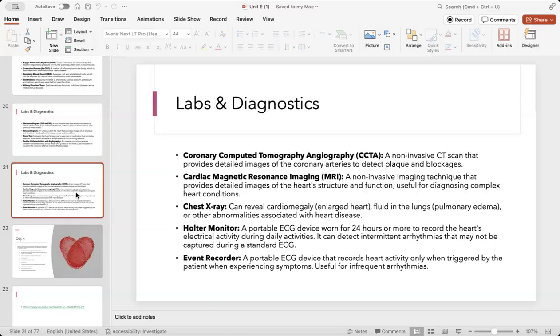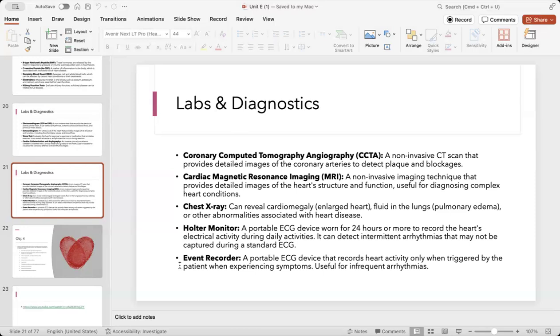Okay, so one last slide on this objective. Other things you might see, which we won't talk too much about, they have specific CTs for heart scans, MRIs too, not as common as these we just talked about. Sometimes a chest X-ray can tell us if there's fluid around the heart or if the heart's enlarged.